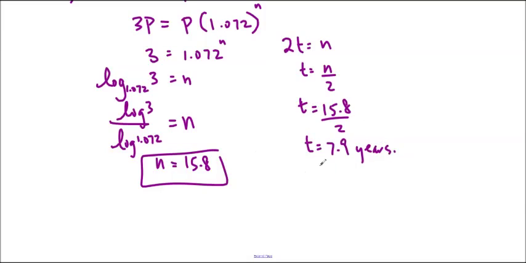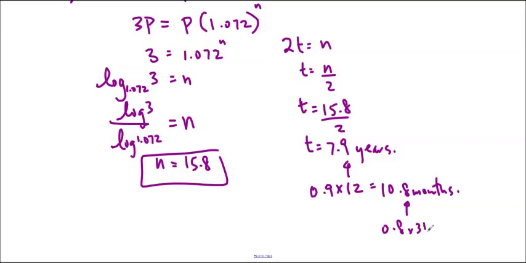If we want to be more precise, we can do 0.9 times 12, which is the number of months. That gives us, I think it was 10.8 months. And if you want to find the number of days and be even more precise, we'll do 0.8 times 365.